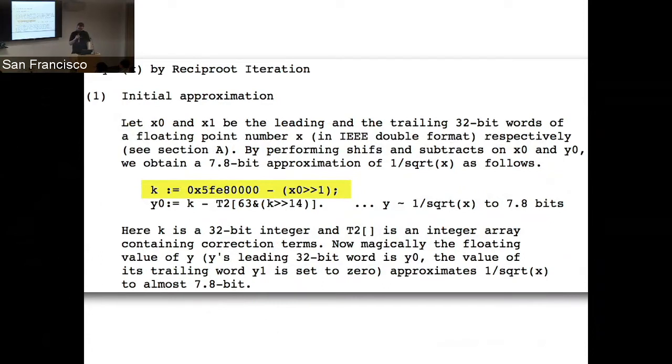So we know it's super old. It was created by the author of the floating point standard. Professor William Kahan is the person who standardized double floating points.